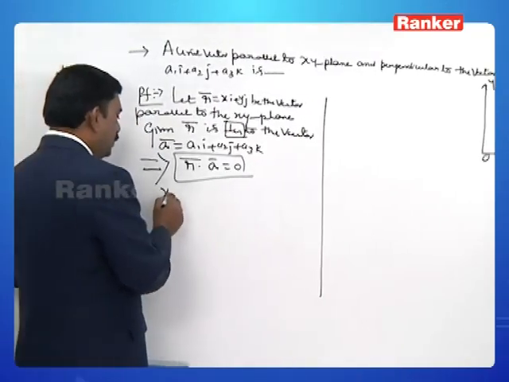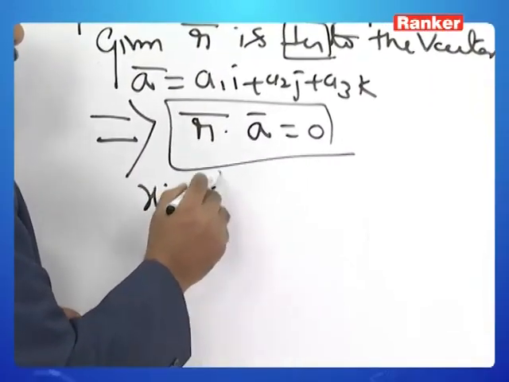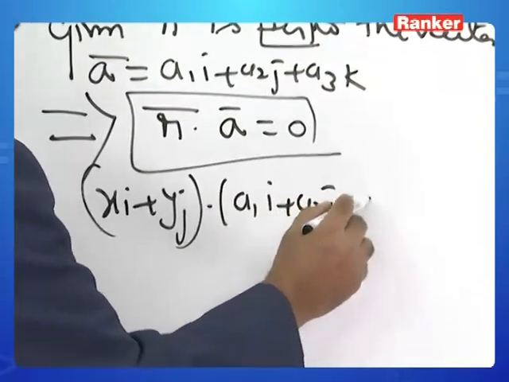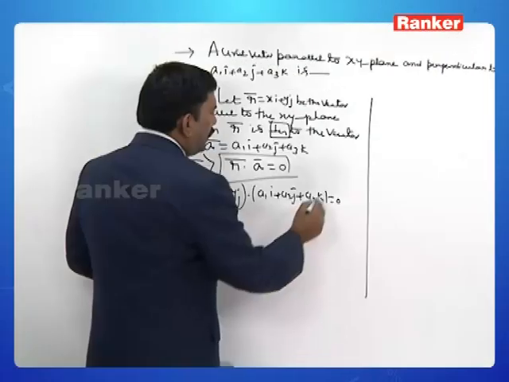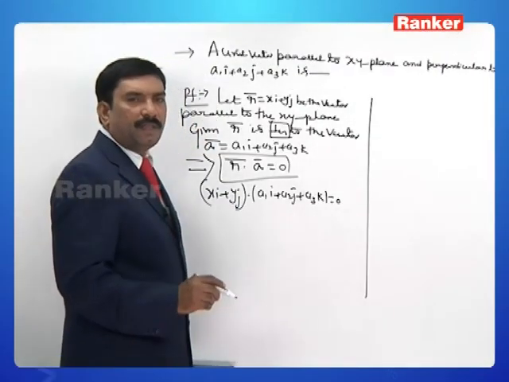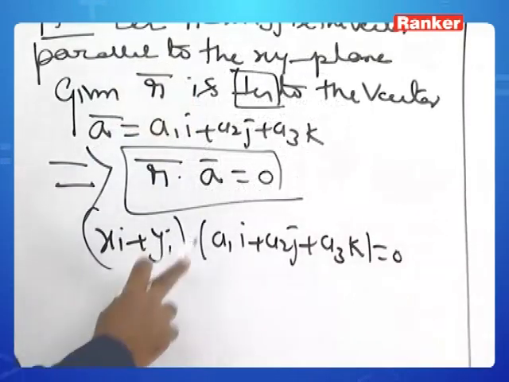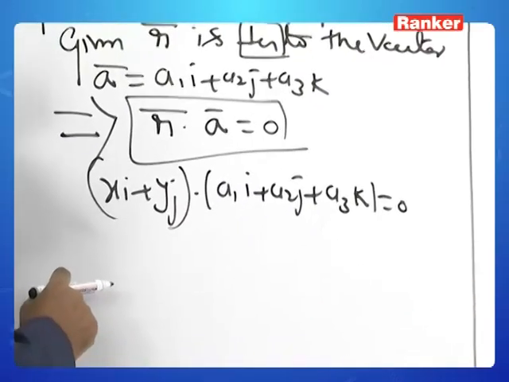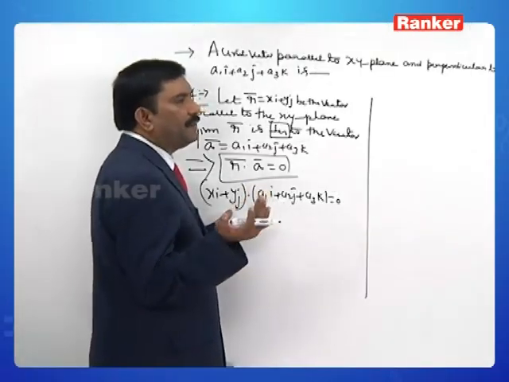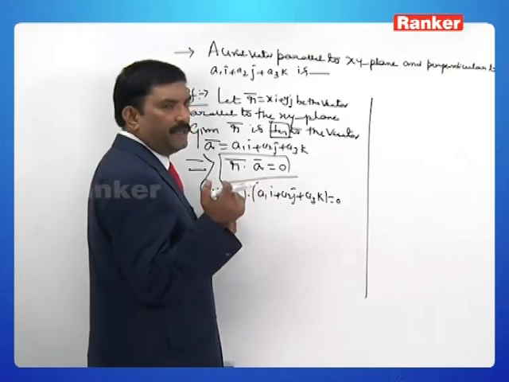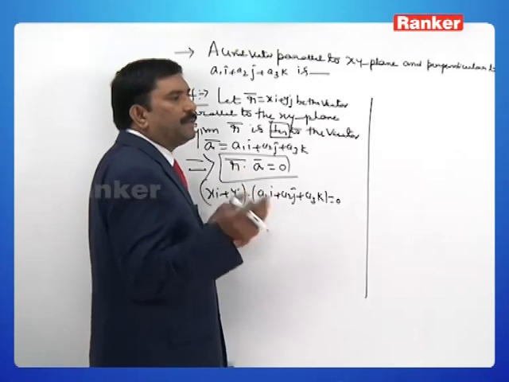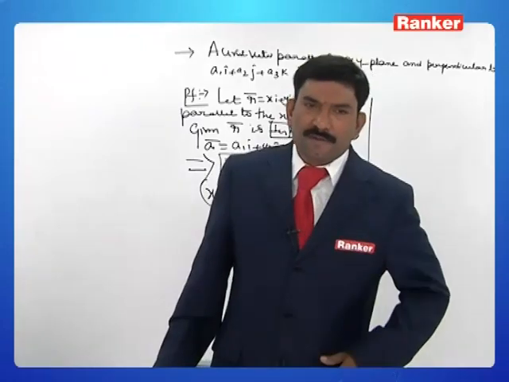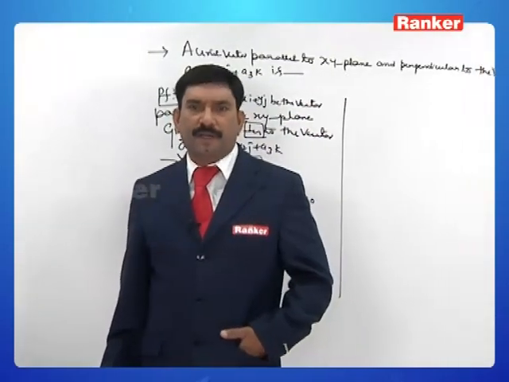Now let us say xi plus yj dot a1i plus a2j plus a3k is equal to 0. So take the dot product. I dot I is equal to 1, I dot j is 0, I dot k is 0. Or else a bar dot b bar when theta is not given is a1 b1 plus a2 b2 plus a3 b3, when a bar is equal to a1i plus a2j plus a3k, b bar is equal to b1i plus b2j plus b3k.